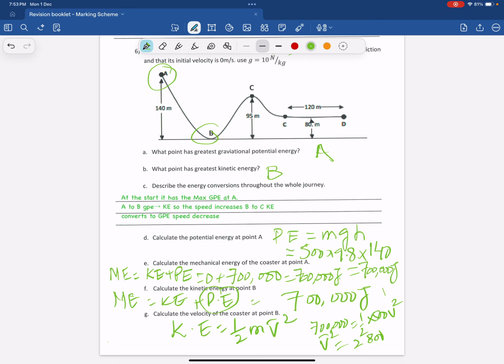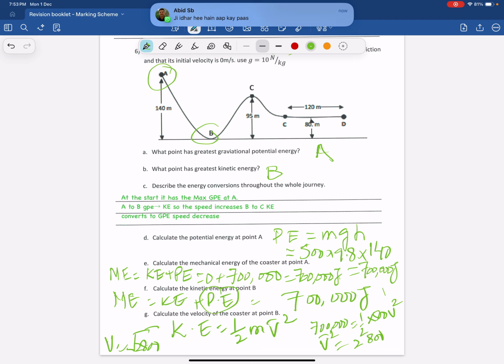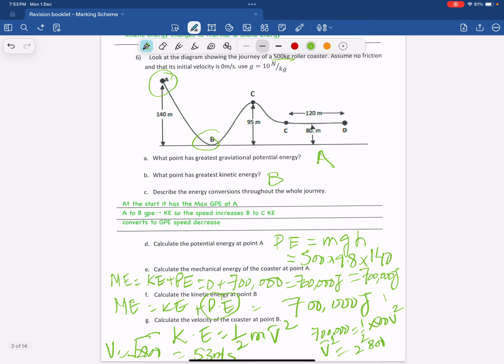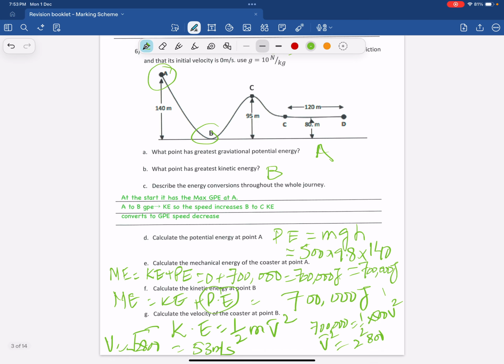So v is equal to the square root of 2800, which will give you somehow 53 meters per second. So that's the thing, we have got it. But this is the v at point B.